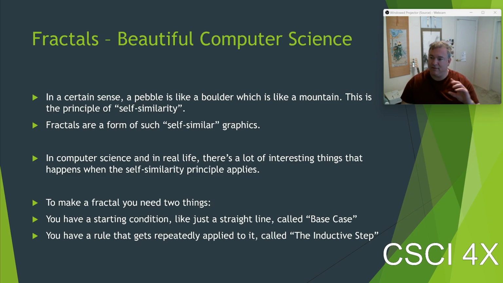You can have a very simple base case. You can have a very simple inductive step and have a program that can sort anything, right? Any numbers, let's say. I hand you 1,000,000 numbers. You can write a very, very small program that would just say, hey, sort the left side, sort the right side, and then when I get these sorted results back, I'm going to just put them together in sorted order.